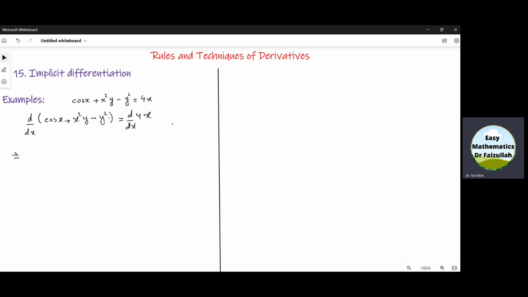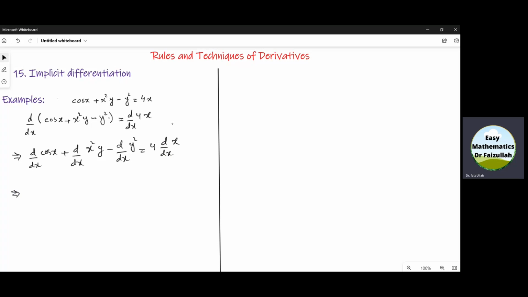From this we get d over dx of cos x plus d over dx of x square into y minus d over dx of y square. This is equal to 4 into d over dx of x.